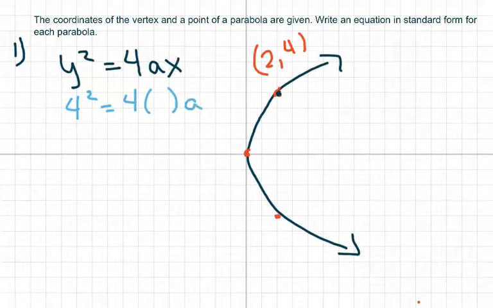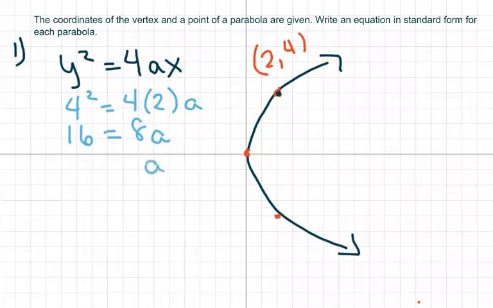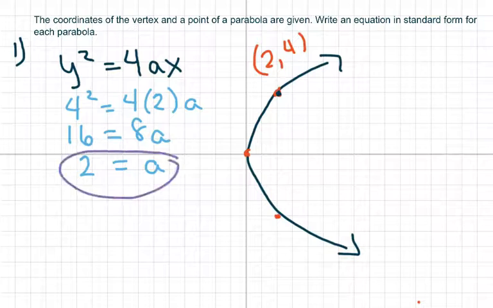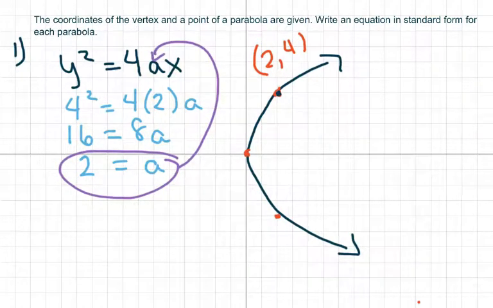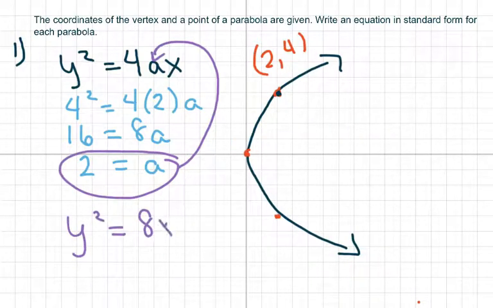My x is 2. So I get 16 equals 8a. So a equals 2, because you divide both sides by 8. 2 times 8 is 16. So basically, I'm just plugging 2 in for my a, so I get y squared equals 8x.